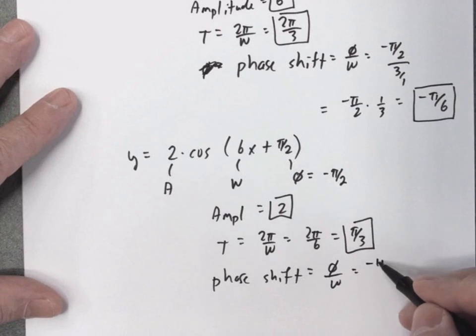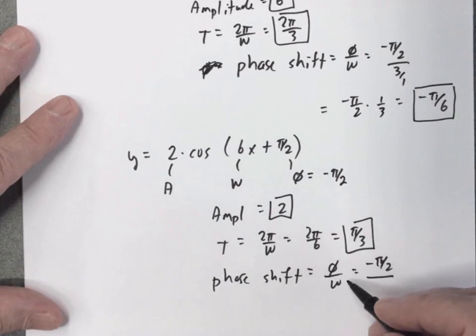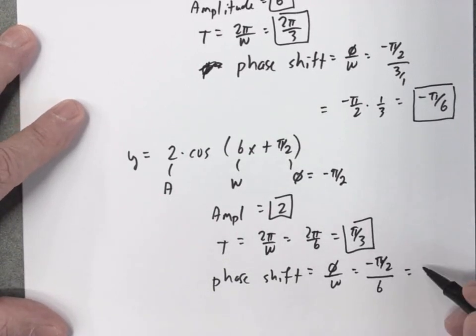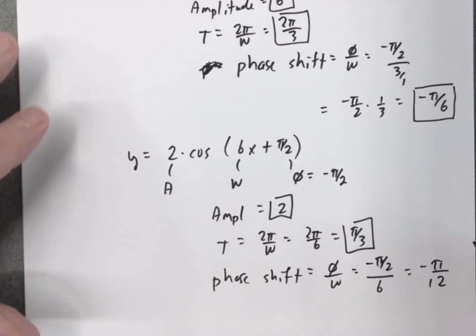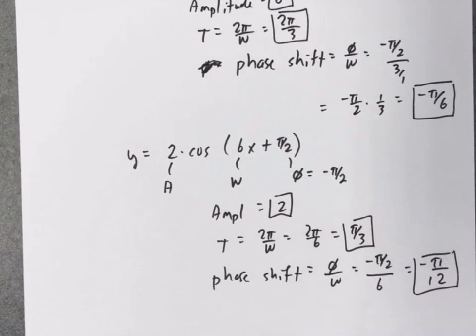So negative pi over 2 over omega, which is 6. I'll just use the shortcut here. This one ended up being negative pi over 12. All right, not too bad.